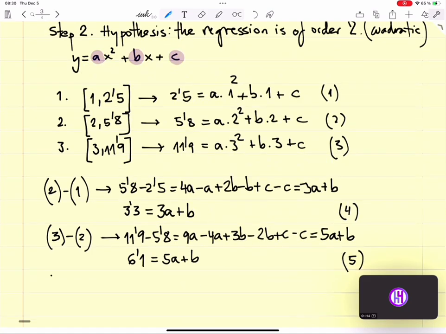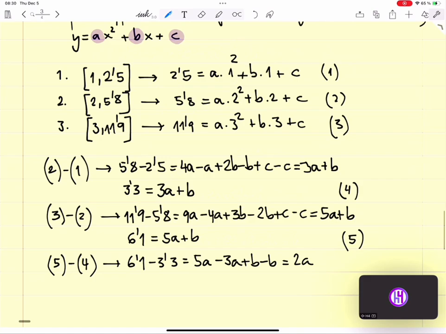If I say now 5 minus 4, then I get 6.1 minus 3.3 equals 5a minus 3a plus b minus b, equals 2a. So it turns out that 2.8 equals 2 times a. So a is 1.4.